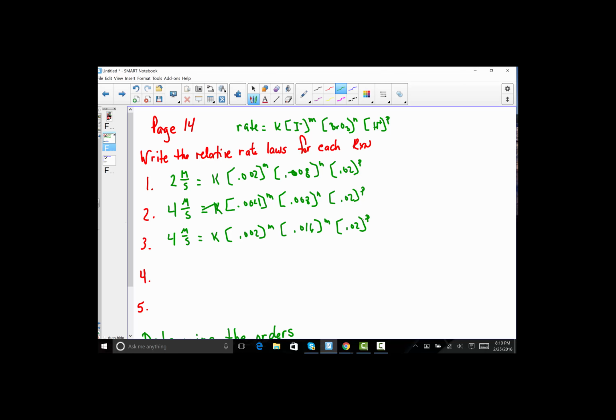In equation 4, our rate went to 8 molarity per second, set equal to K. Concentration of the iodide remained at 0.02. The bromate went back to 0.08. And here we had doubled the concentration of the acid raised to the P.